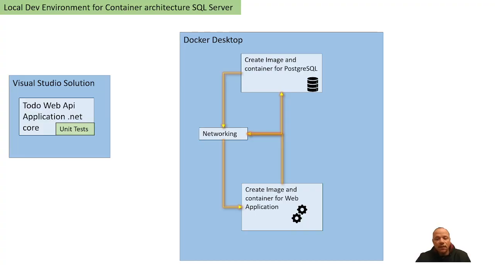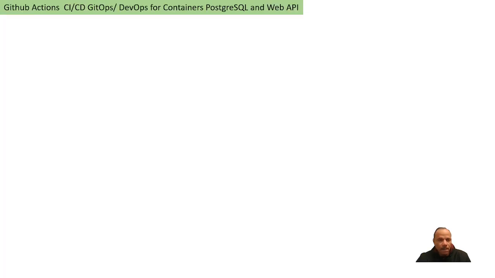So let's see how it's working with the CI/CD. We have GitHub Actions and workflows that are kicked off by the changes in the repository to deploy our application to different environments.